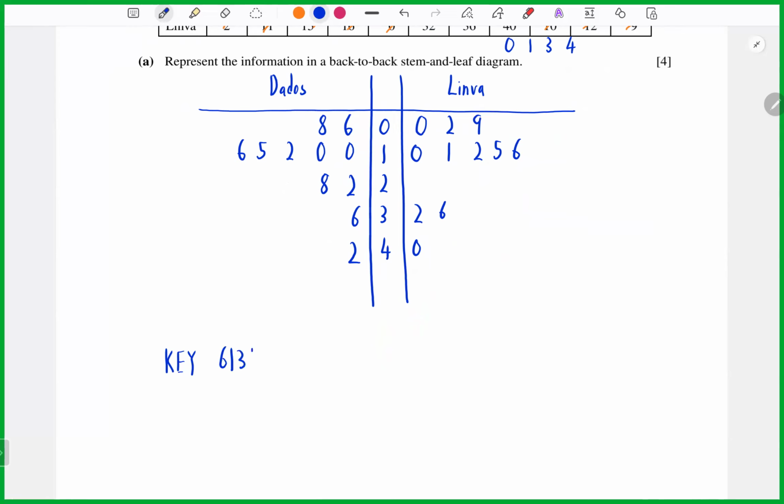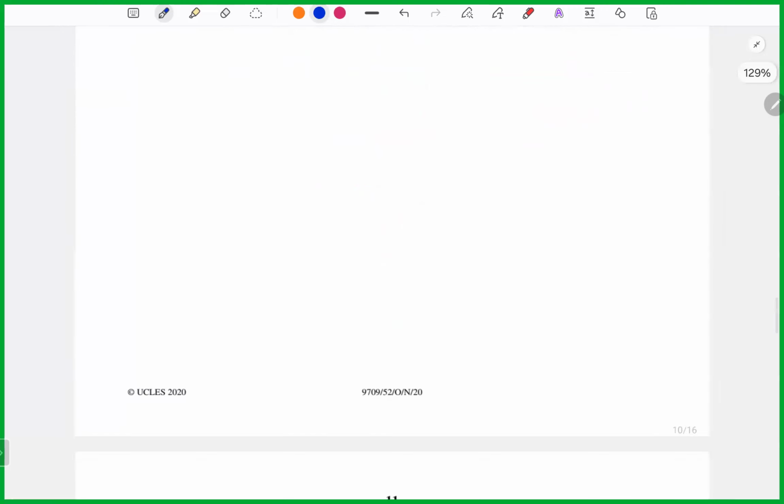Let's say 6 stroke 3 stroke 2 means 36 cm snow in Thanos, and 32 cm snow in Levinus. So we already complete.